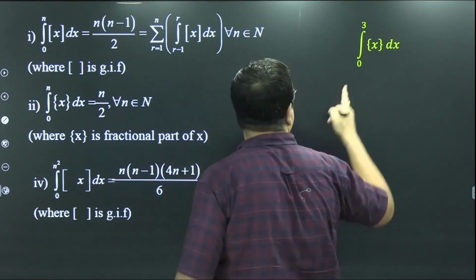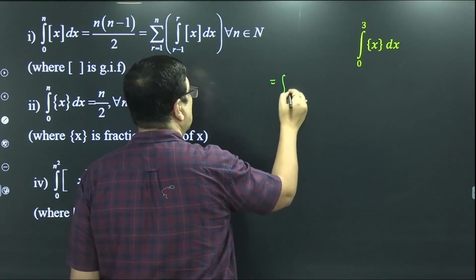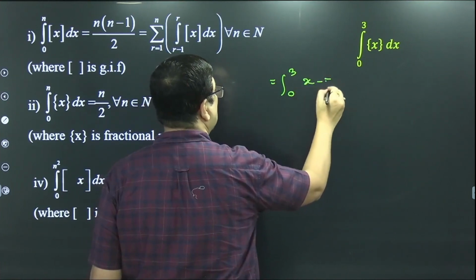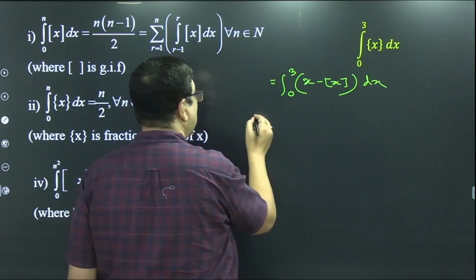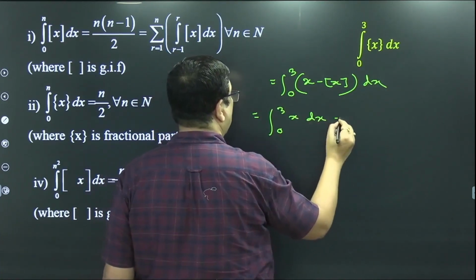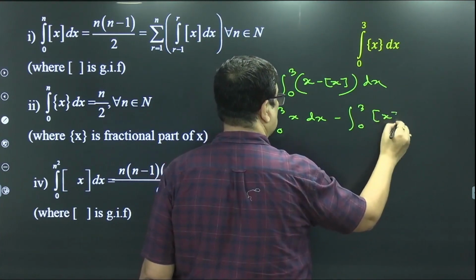Just see, 0 to 3 fractional x dx. We can write fractional x as x minus box x. So we can write this as integral 0 to 3 x dx minus integral 0 to 3 box x dx.